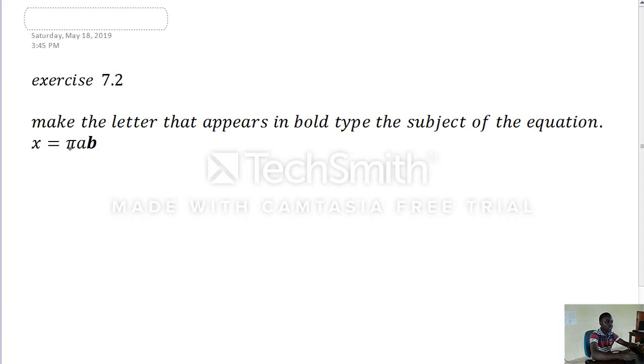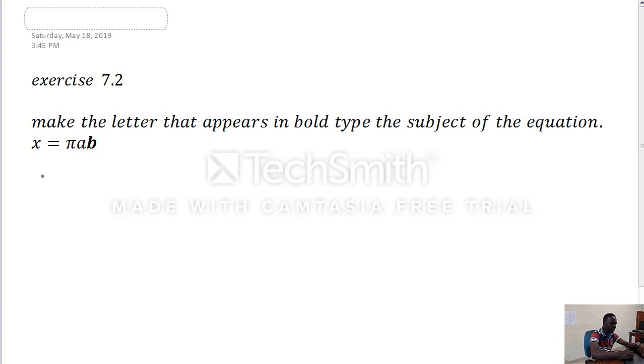So since pi and a are not needed, we have to move them to the other side of the equation, and we cannot subtract pi and a from both sides. Why? Because pi and a were not added. So you always do the opposite of what has been done. Since b is being multiplied by pi a, we are to divide both sides by pi a.